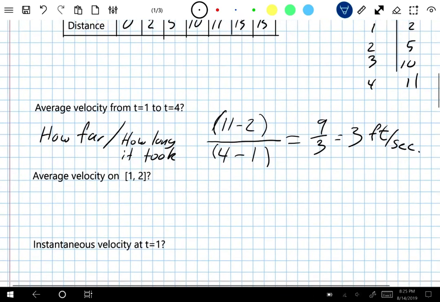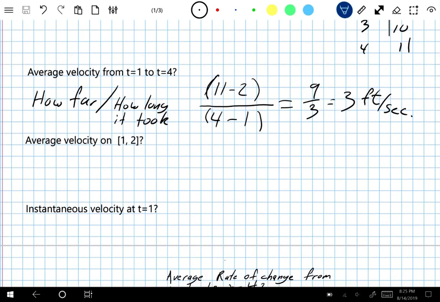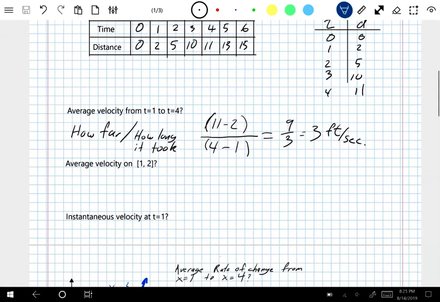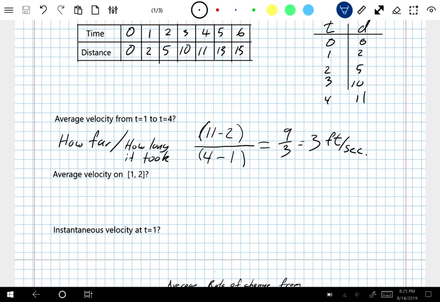And we could do something similar. This might not be very satisfying if I'm really trying to figure out how fast was I going at 1 second. It might be a little closer to say, hey, on average, how fast was I going in between t equals 1 and 2? And once we've done this once, we can do it pretty fast the second time. At t equals 2, it looks like I was at 5.